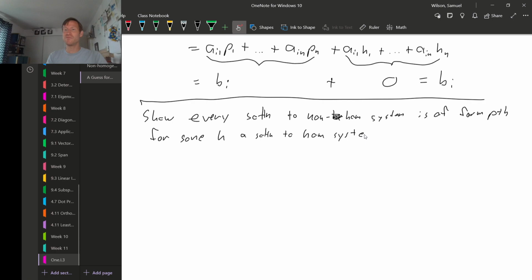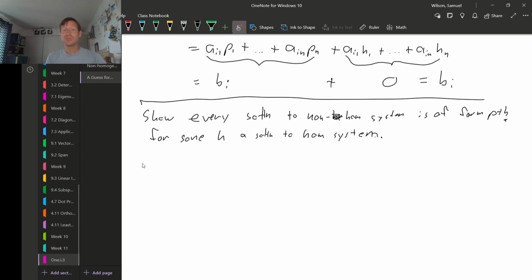Remember, the vector p is fixed. We can't change p. What we need to do is find a homogeneous solution, or a solution to the homogeneous system, that when added to p gives us this solution for the non-homogeneous system.